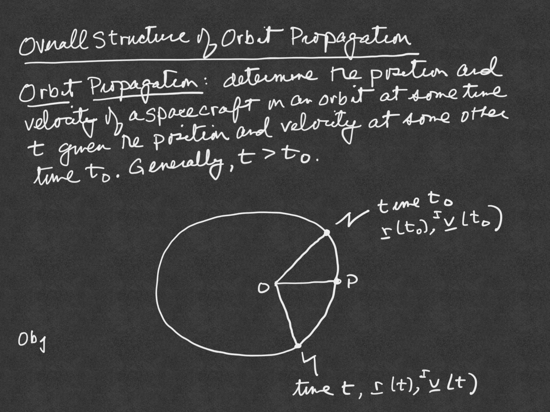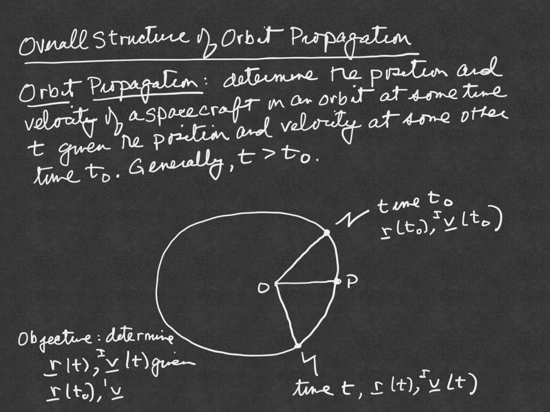So the objective is to determine r at t and vi at t given r at t0 and vi at t0. Of course we also have to know the initial time and the final time. So I'm assuming there that we know both of those as well. So that's the overall structure.